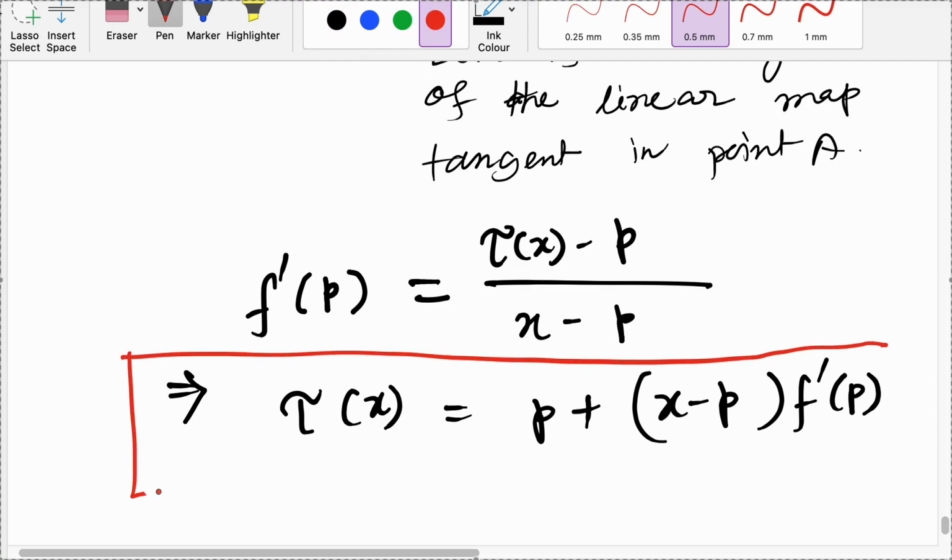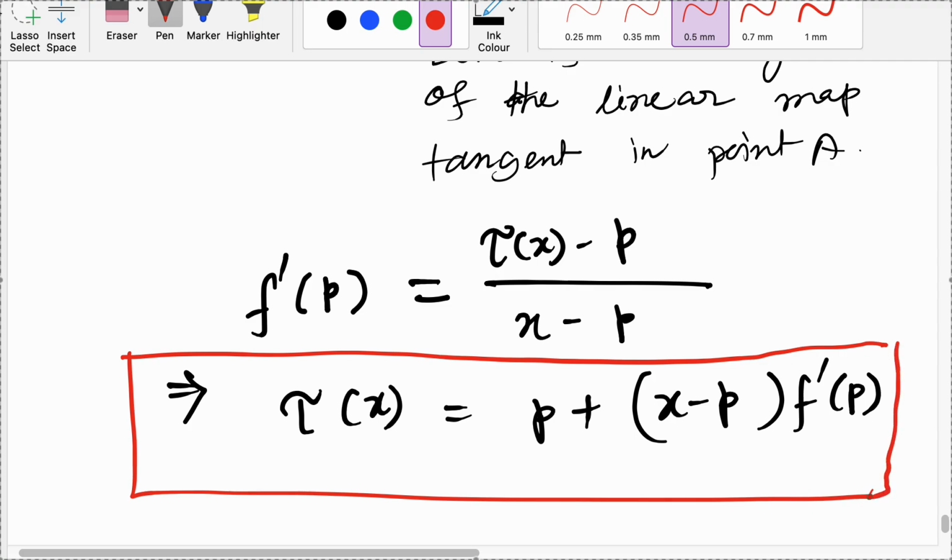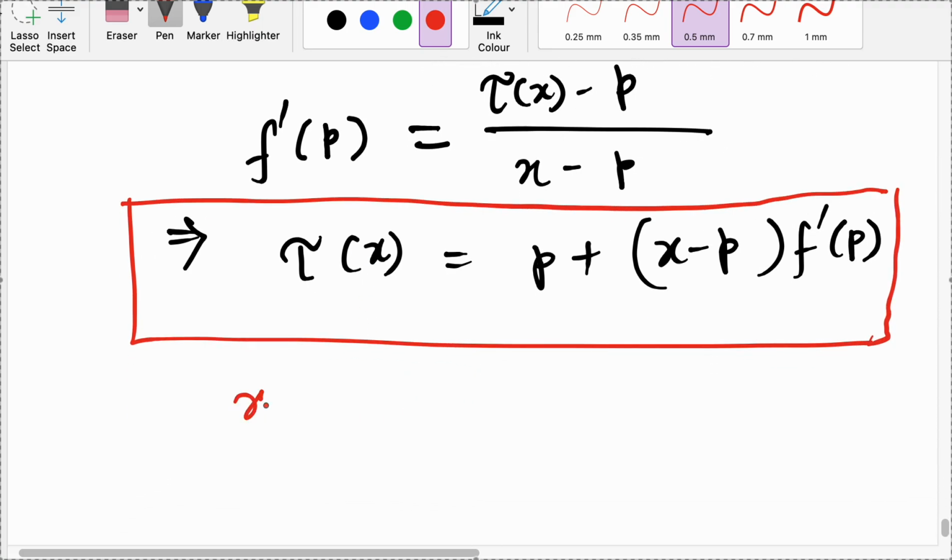Why are we interested in the equation of the tangent? Because you see, if I put X equal to P, what will it become?